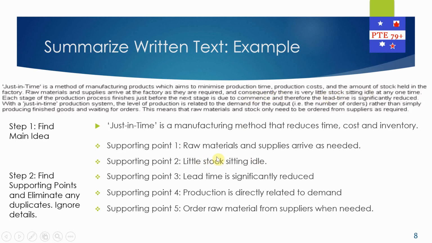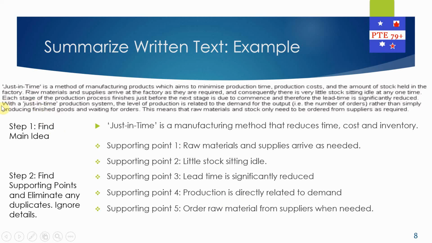Then each stage of the production process finishes just before the next stage is due to commence, and therefore lead time is significantly reduced. So this statement is talking about lead time being significantly reduced.